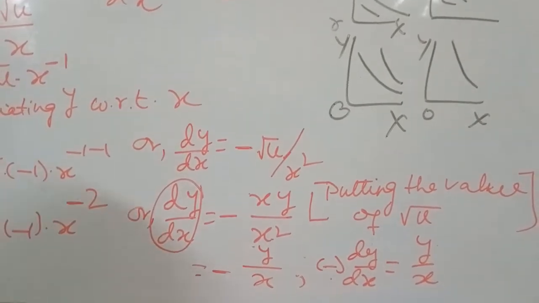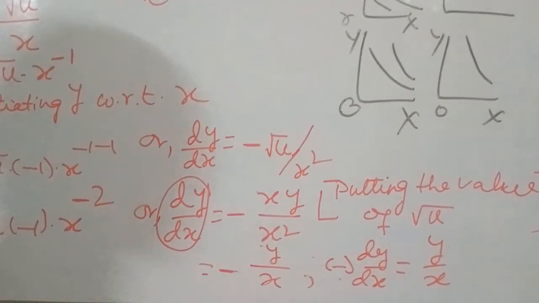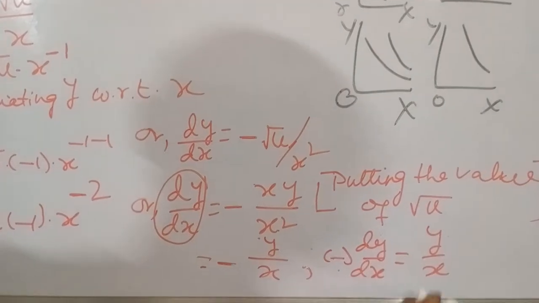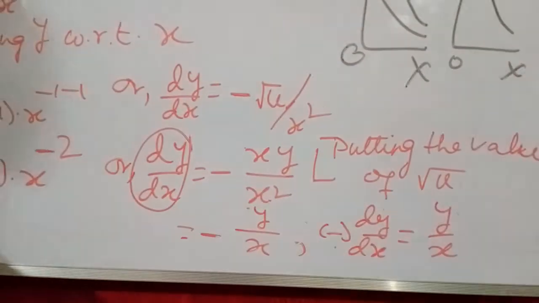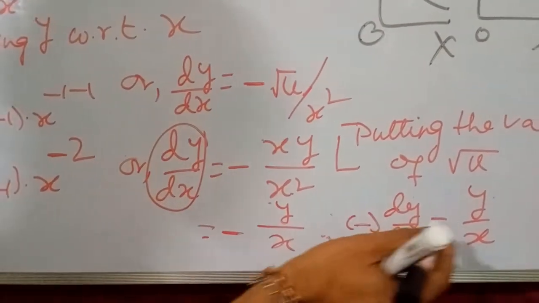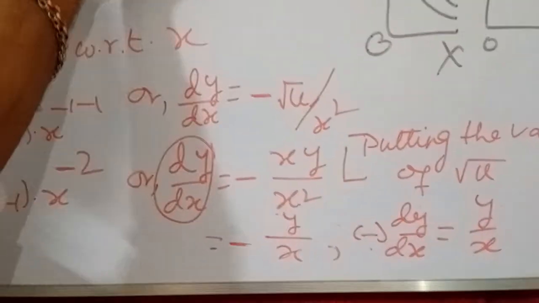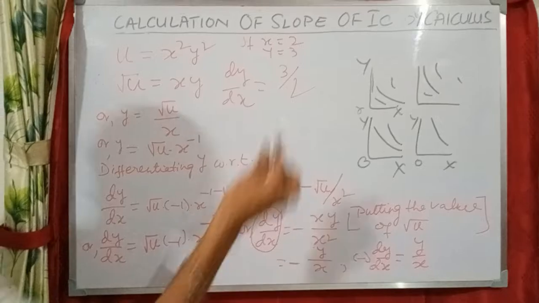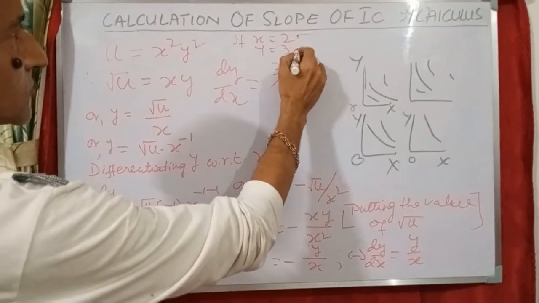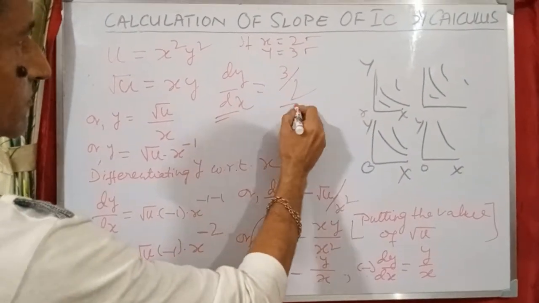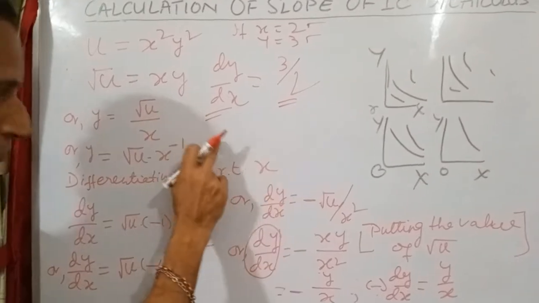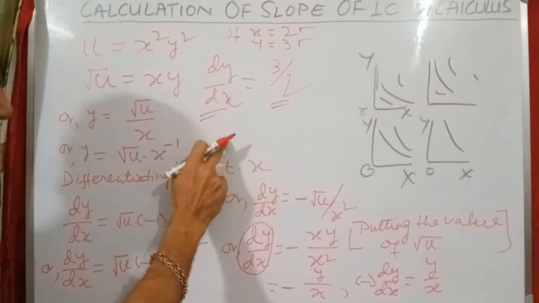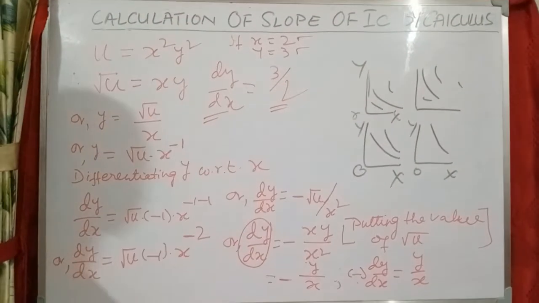Now if the values of x and y are given, then we can put the values of x and y to find out the slope of IC. Here x equals 2 and y equals 3. So dy dx equals 3 by 2. That is, the slope of the IC the consumer is having is 3 by 2.